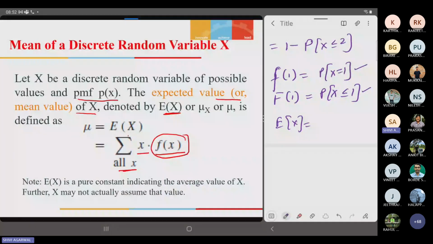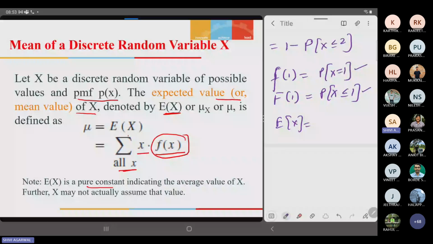Okay. So the expected value of a random variable x can be defined as x multiplied by its probability density function, and we are taking the summation for all values of x. Then it is known as the mean or expected value of the random variable x. It is a pure constant indicating the average value of x.